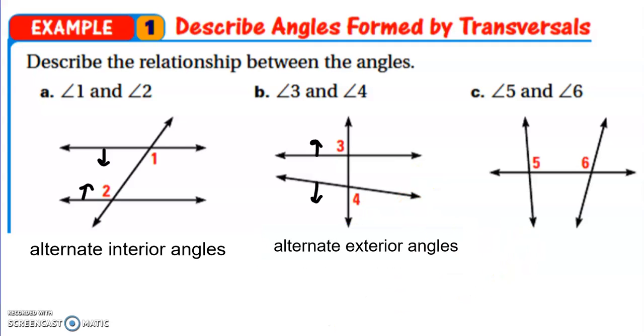And angle 5 and angle 6 are on the inside. So here's my transversal, and angle 5 and angle 6 are on the inside, and they're on the same side of the transversal. They're both above the transversal. So these are called same side interior angles.